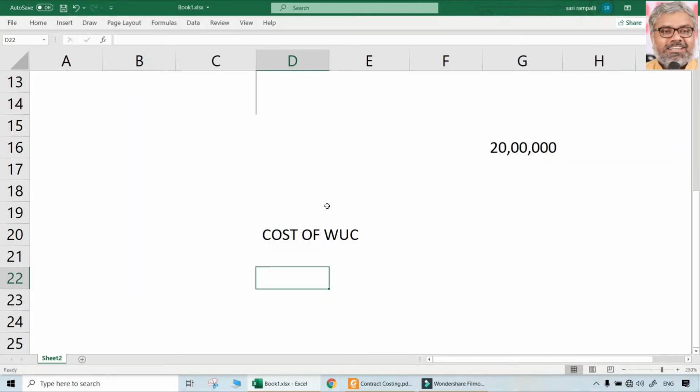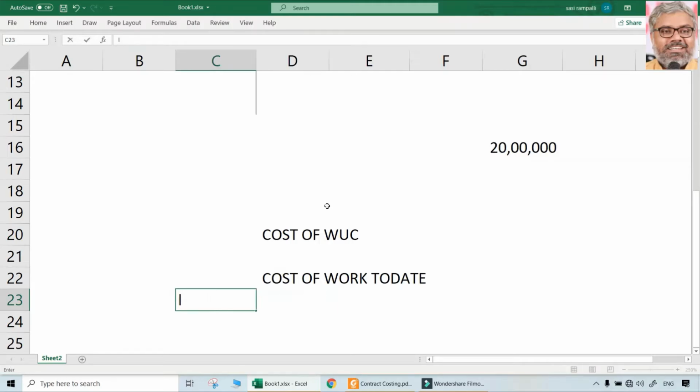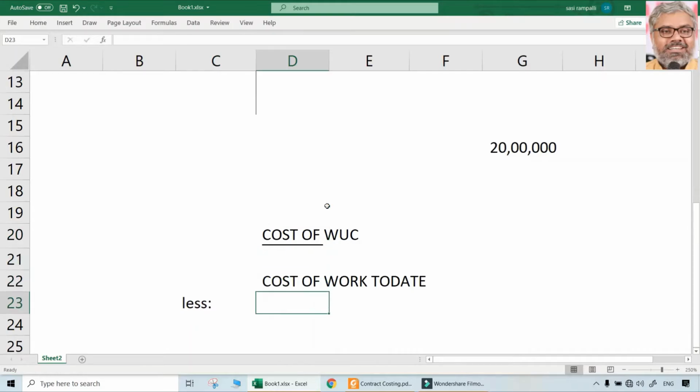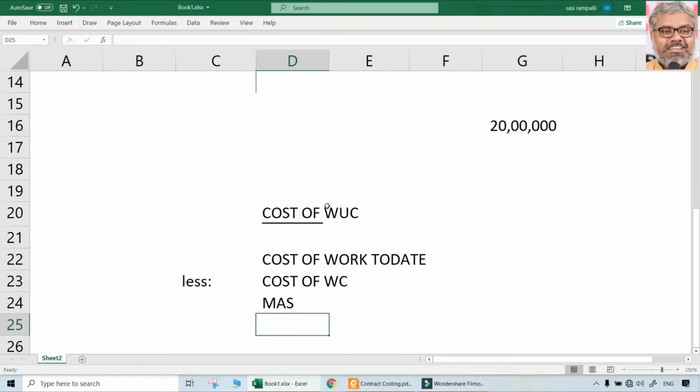For that, we need to take cost of work to date, minus cost of work certified, minus plant at site or material at site. This is what we should calculate.